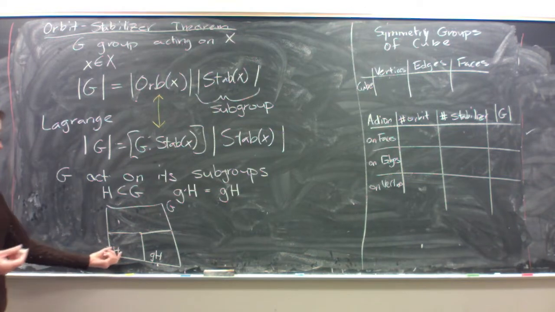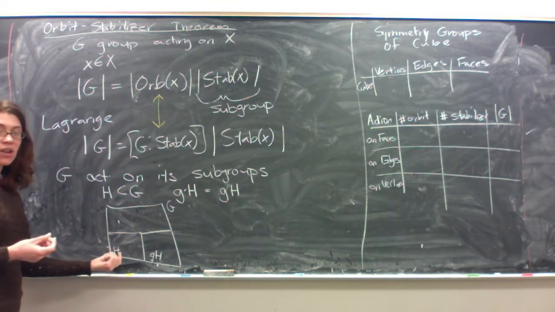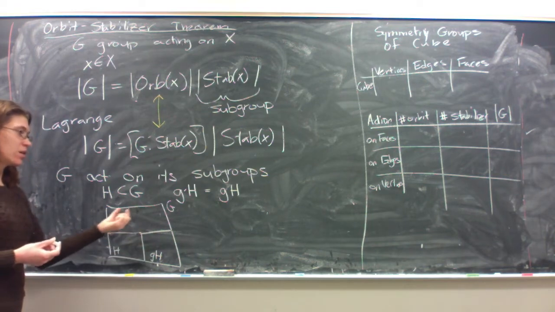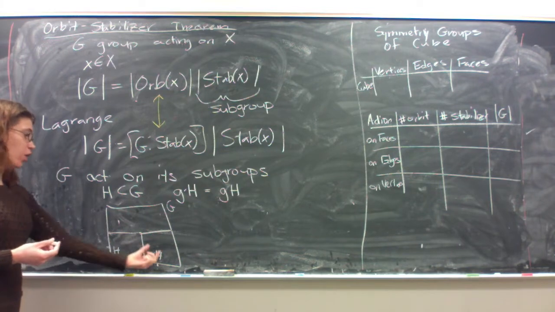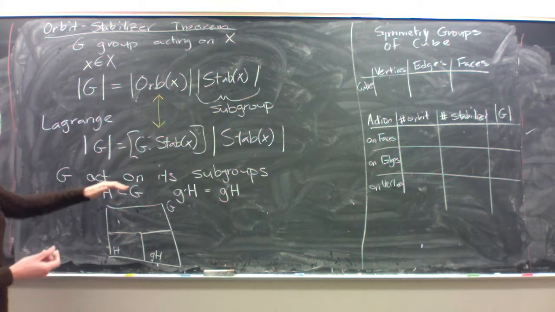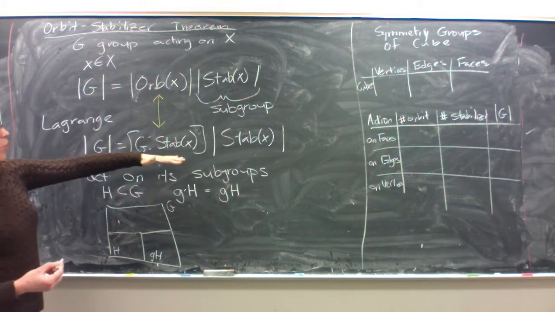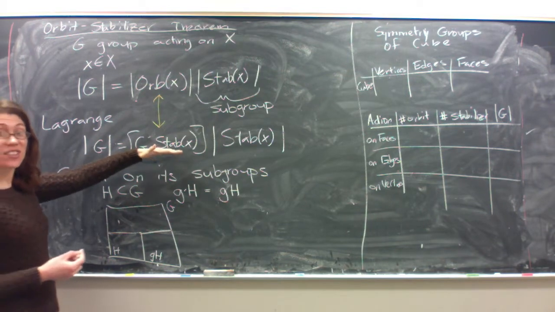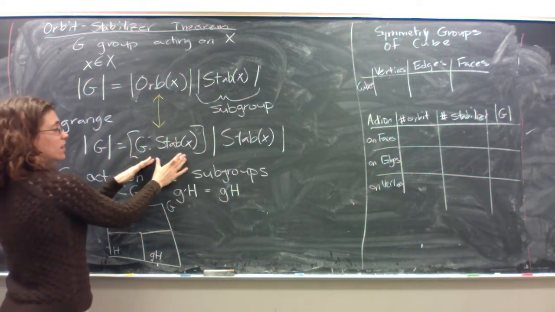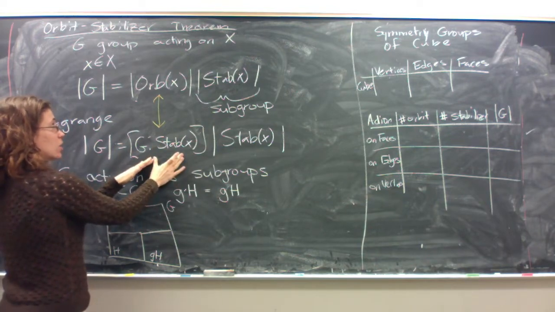And the orbit of H is all of the cosets of H. So all of the cosets of the stabilizer, if I let the stabilizer be H, are exactly this index here.